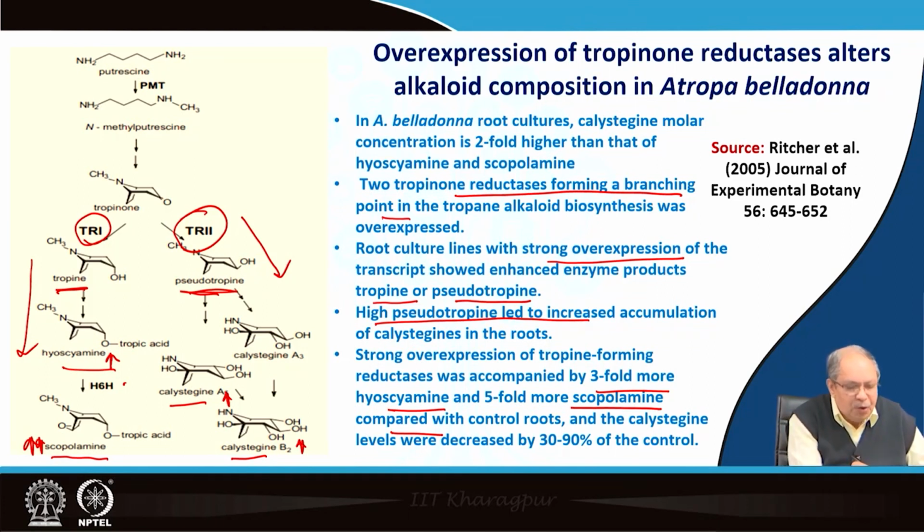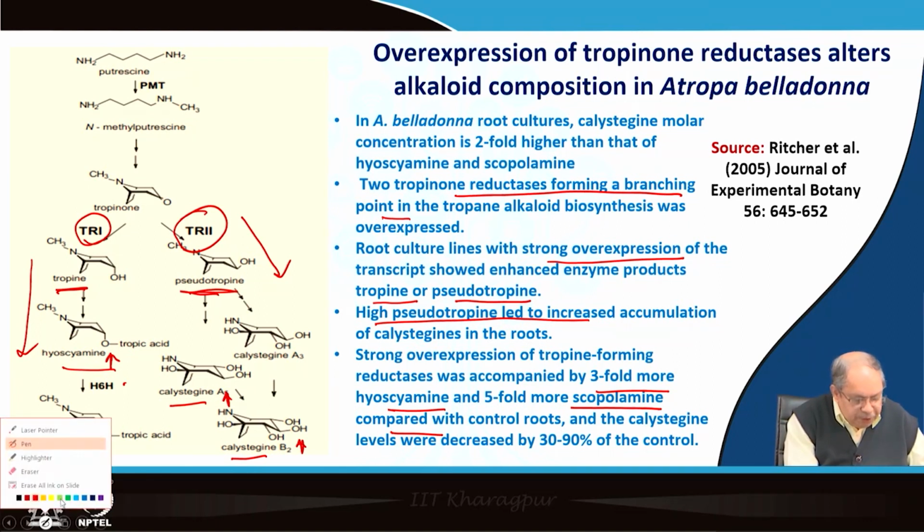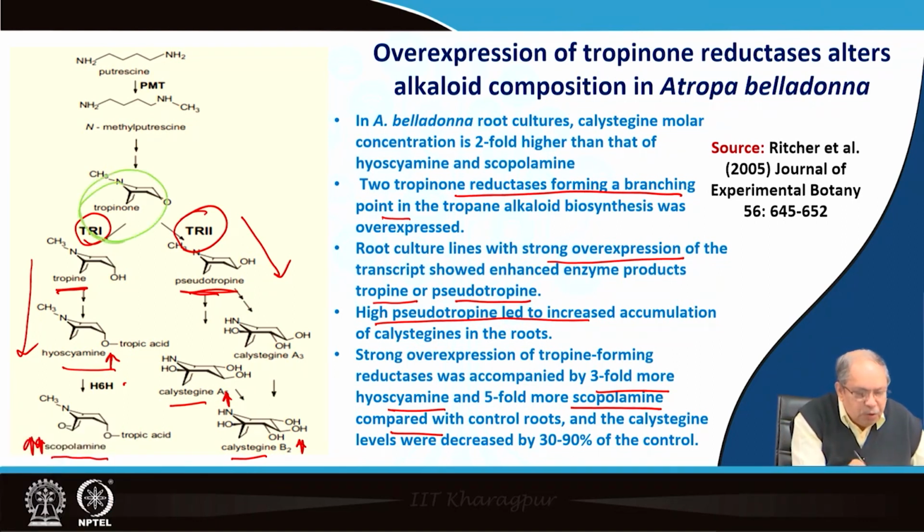Why is it reduced? Because they are competing for the common substrate tropinone. When TR1 is more active, the flow goes this way, and therefore it limits the tropinone availability for TR2, and that is why you get higher activity of this, but lower activity of this.